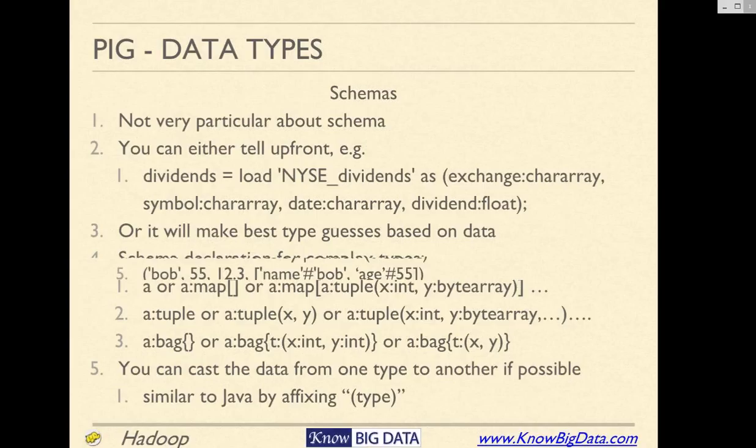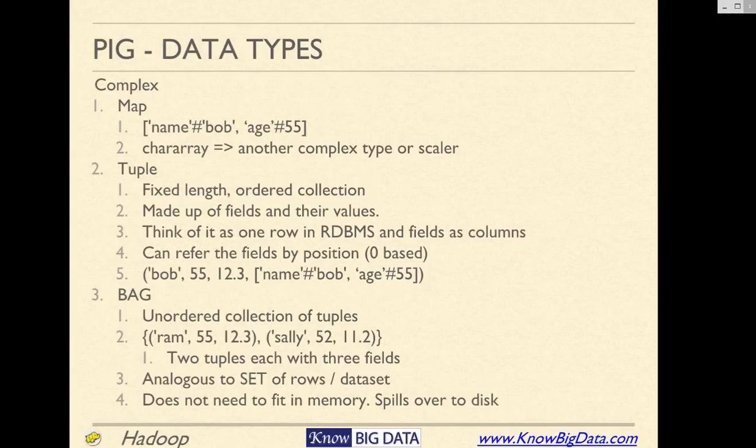Pig is not very particular about data type. If you don't specify the data types, Pig is going to make the best guess that it can. It will find out and specify the data type on its own. So Pig is not very particular about schema. You can also skip the names of the columns, right?